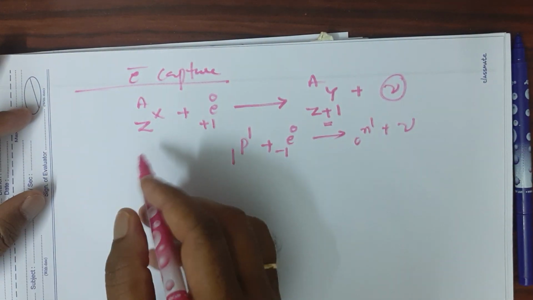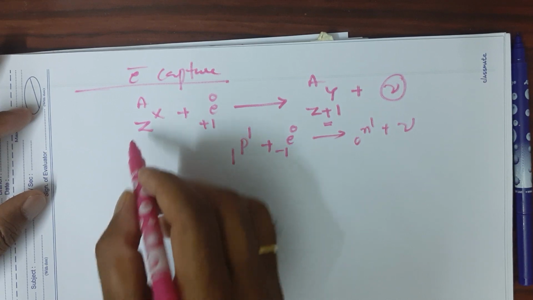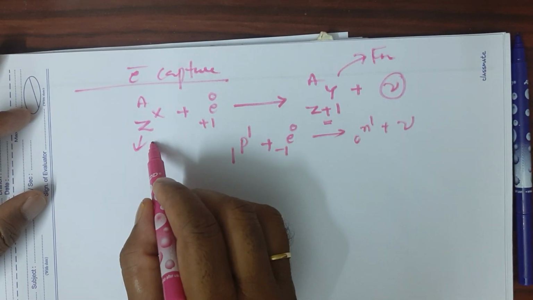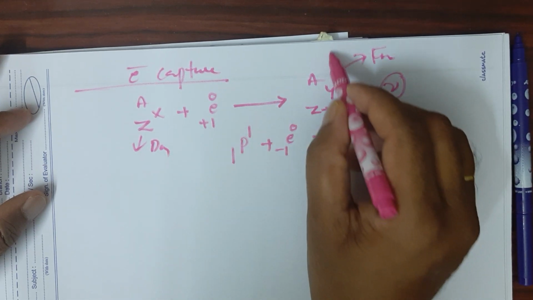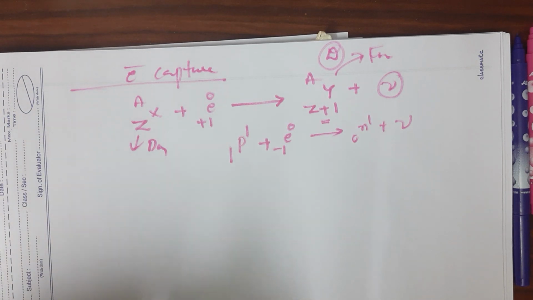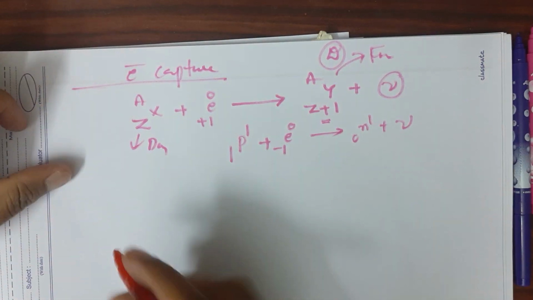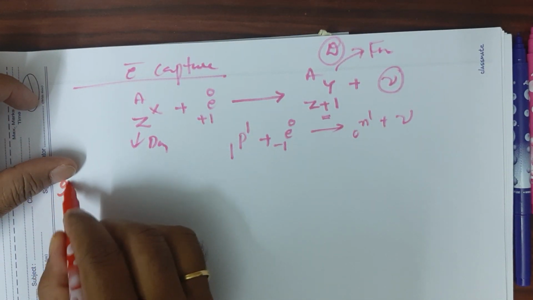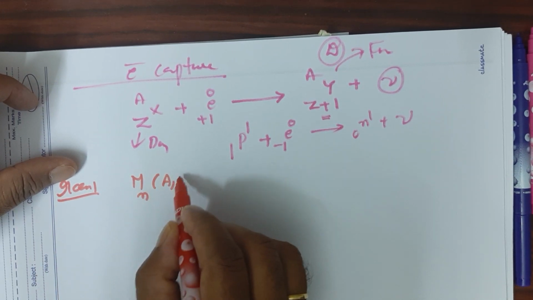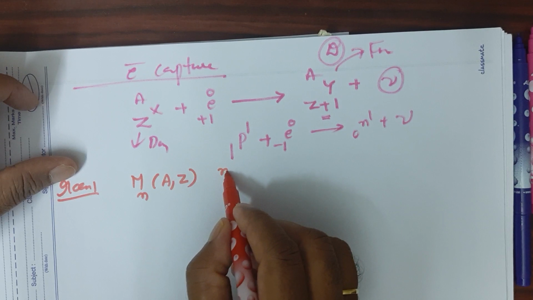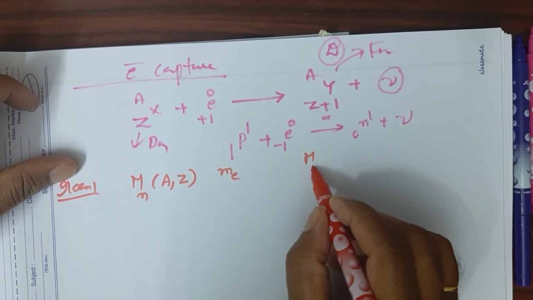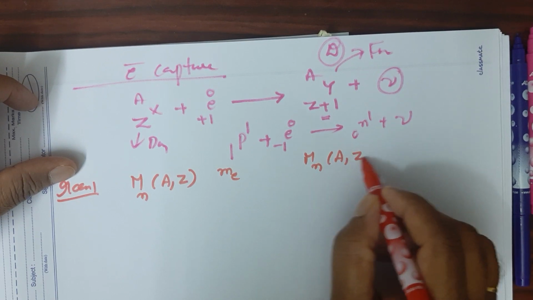Okay, same, let us write their masses. It is the initial nucleus, it is the final nucleus, or it is a parent nucleus, it is a daughter nucleus, right? Then if you write their nuclear masses: Mn of AZ, electron mass Me, daughter or final nucleus mass Mn of AZ plus 1.